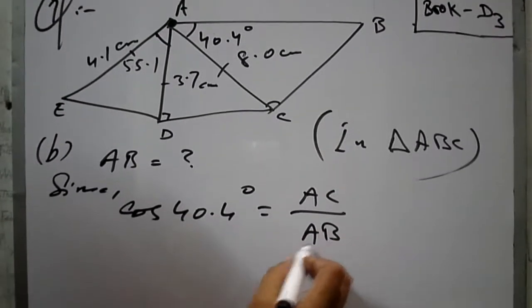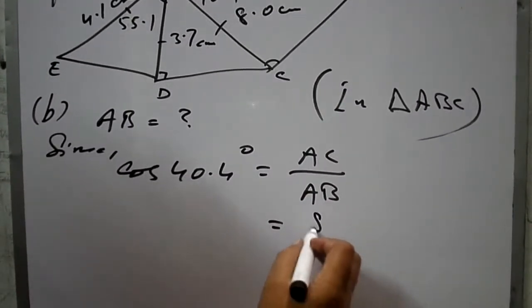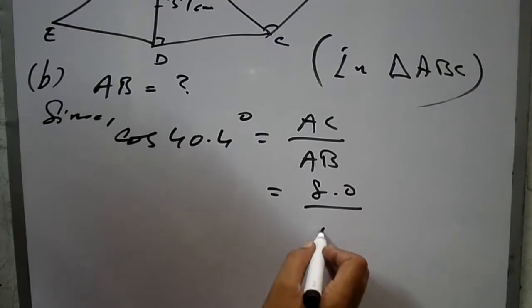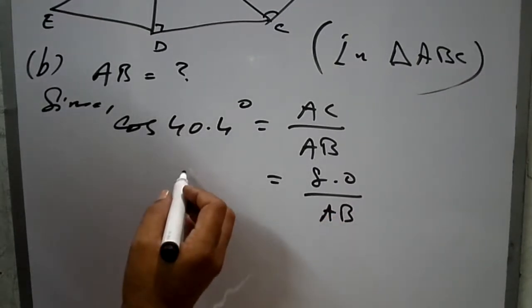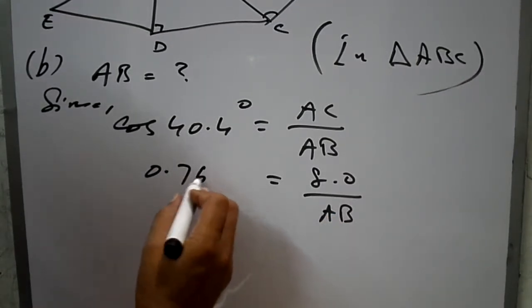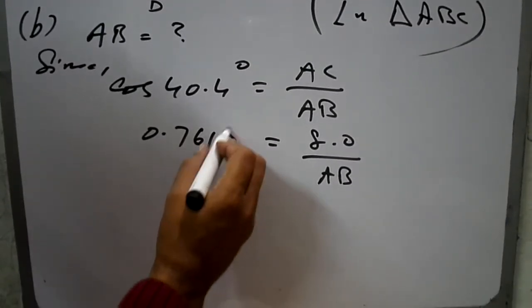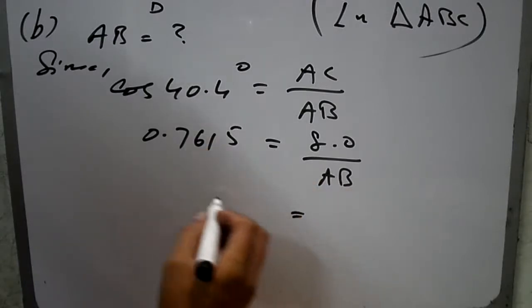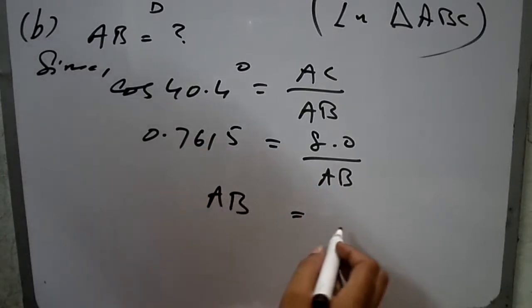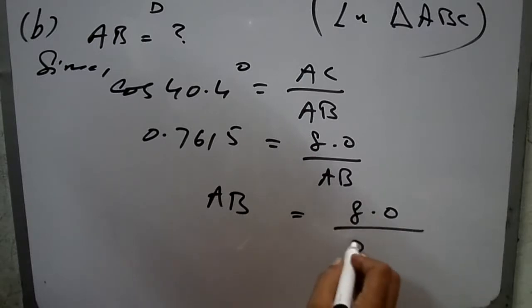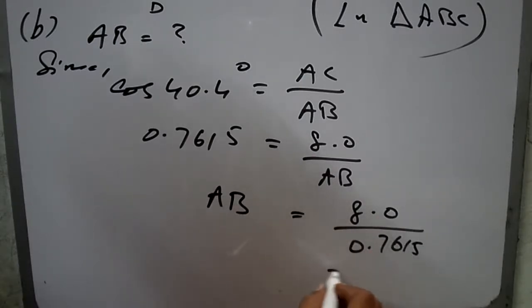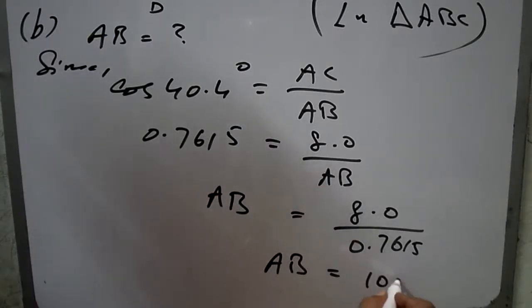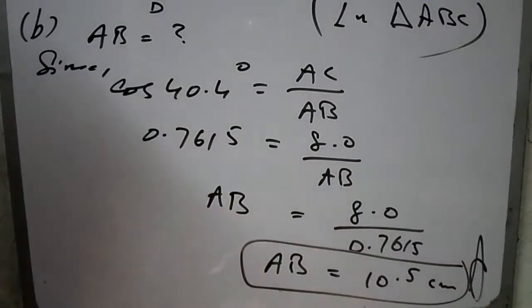So putting the values, cos 40.4 is giving the value 0.7615 by using calculator. So by using cross multiplication you can shift it. The value of AB is equal to 8.0 divided by 0.7615. So the value of AB is 10.5 centimeter. So that is your result.